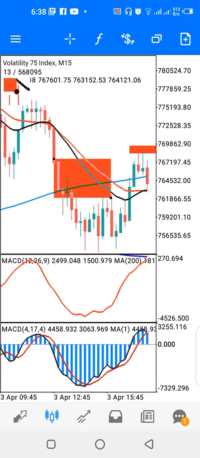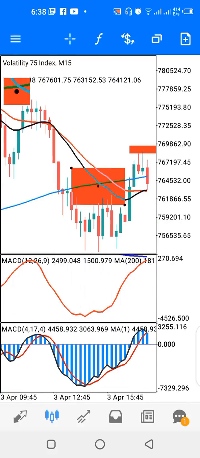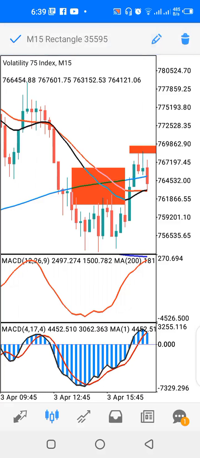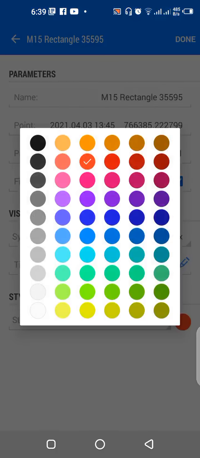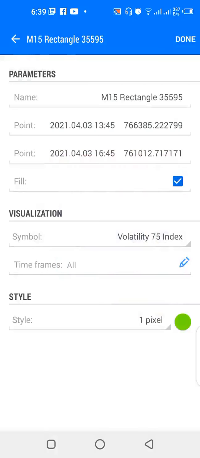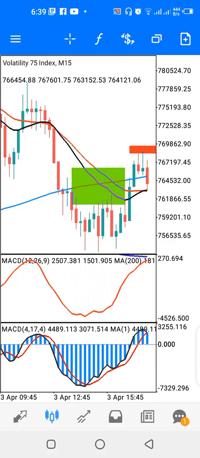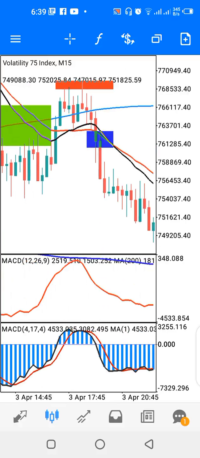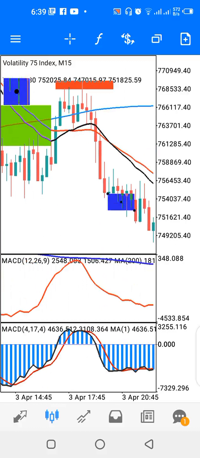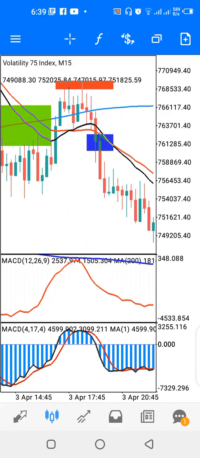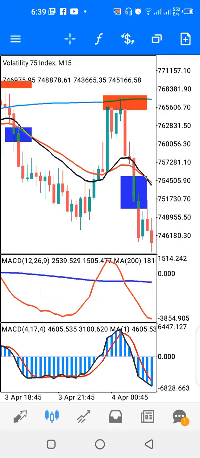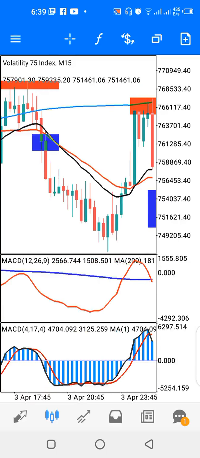The green is when you have confirmation of crossover. This is your confirmation of crossover. This is your stop loss. This is your entry. You can easily trail your trade in profit.